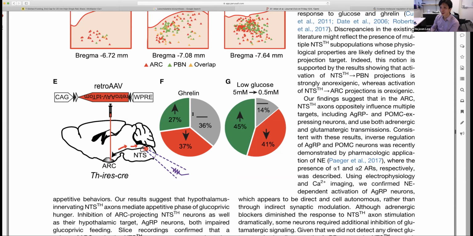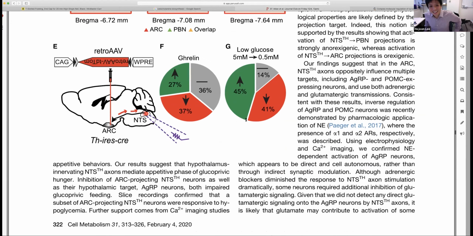I don't know what to conclude from this. You lower the glucose level in the bath, and then you see like half goes up, half goes down.